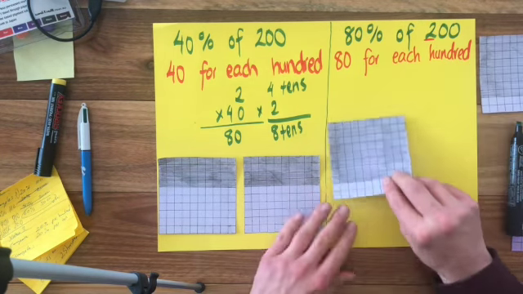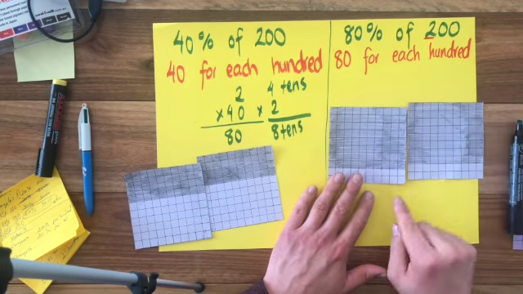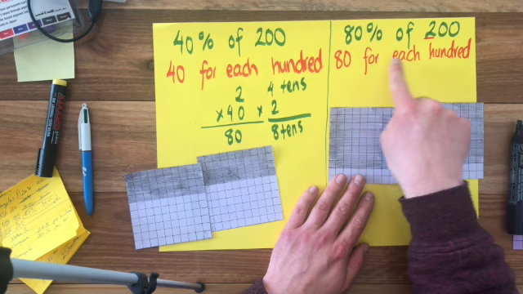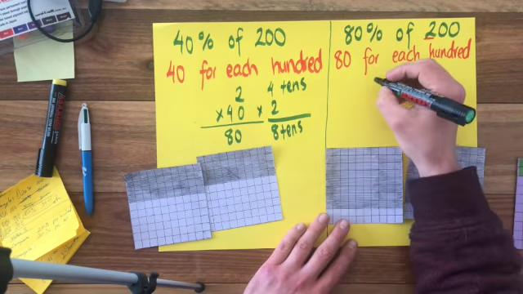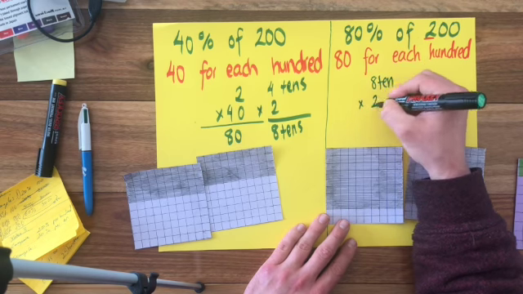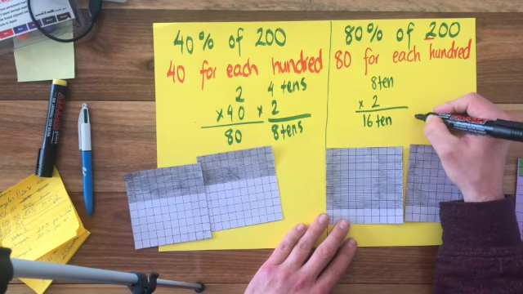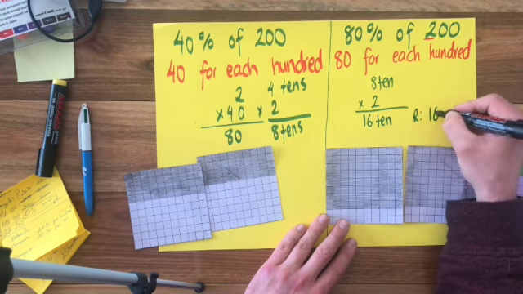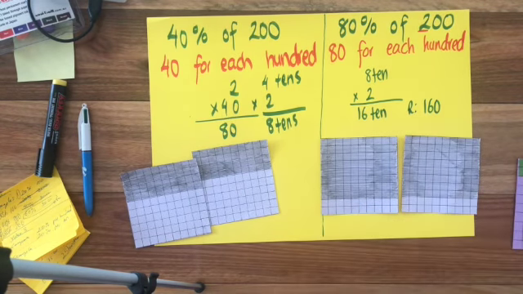So my first 100, that's 100, 200. And I've got 80 shaded in for each 100. So you can say that this equals 8 tens times 2, which gives me 16 tens, renamed as 160. 80 and 80 is 160.